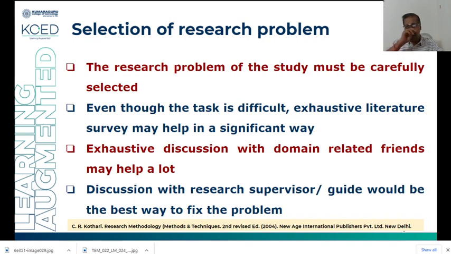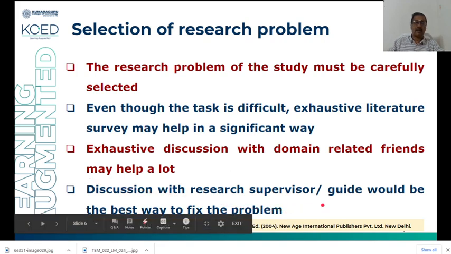You may get a spark in a very different dimension, but not for the problem you want to frame. It could be understood in a very different manner by a social science person. So you can go for an exhaustive discussion with domain related friends. You will get some valuable ideas.